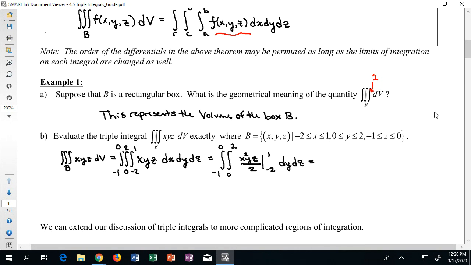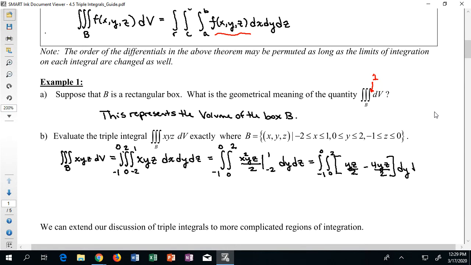I could then go ahead and attempt to integrate or simplify that interior, and I'll arrive at a nice double integral now. Notice I'm going to have a yz over 2, and then I'll have minus a 4yz over 2.